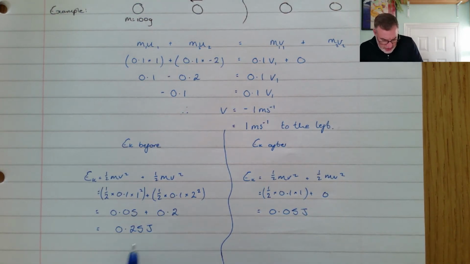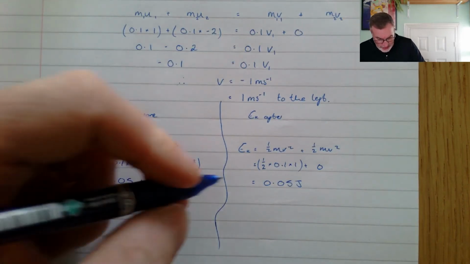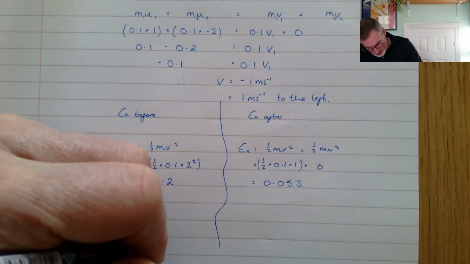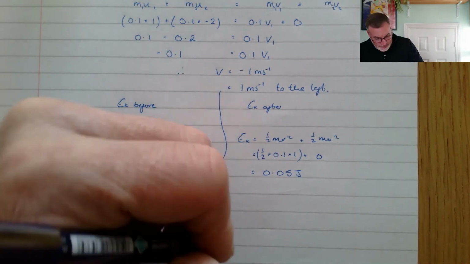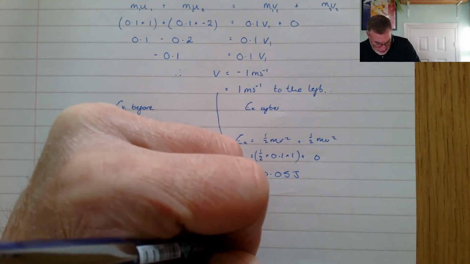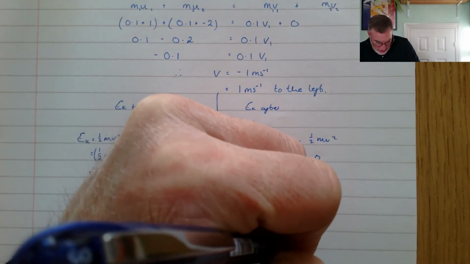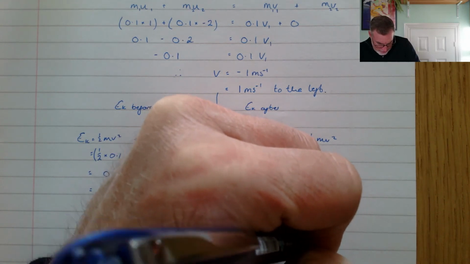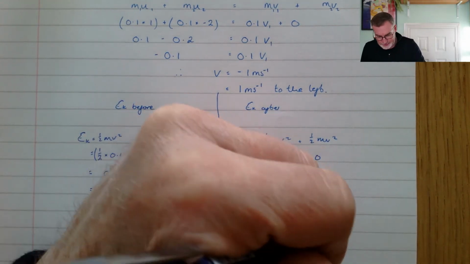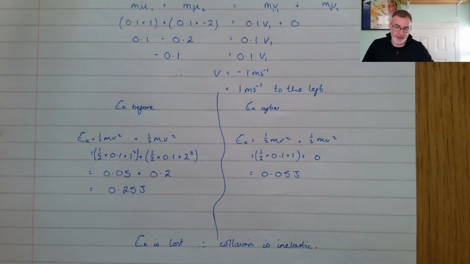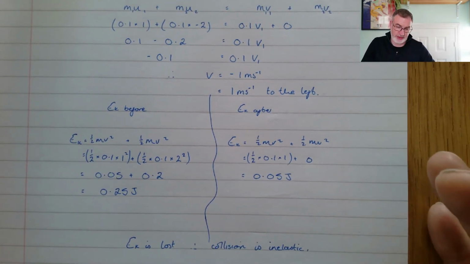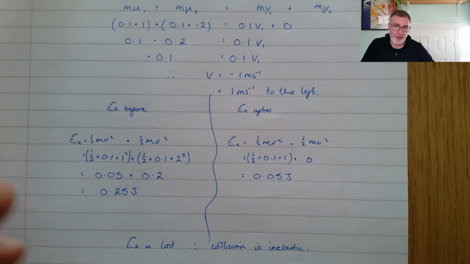So here you can see the energy after is less than the energy before. We can then say EK is lost, therefore the collision is inelastic. And so there's an example of an elastic collision and an example of an inelastic collision. The very great majority of collisions, nearly all of them, are inelastic. Whatever happens, you're invariably going to lose kinetic energy during the collision.